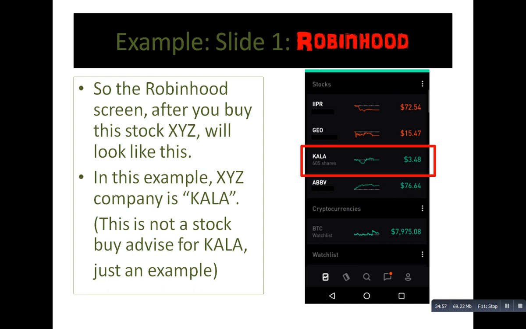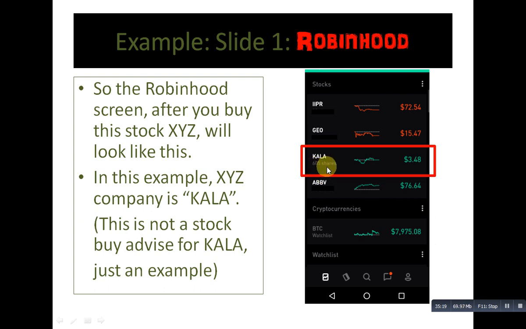Now, in my example, I have covered certain fields for security purposes. However, I have left the KALA stock open for you to see. Here, if you see, I have 605 quantity of the KALA stock.